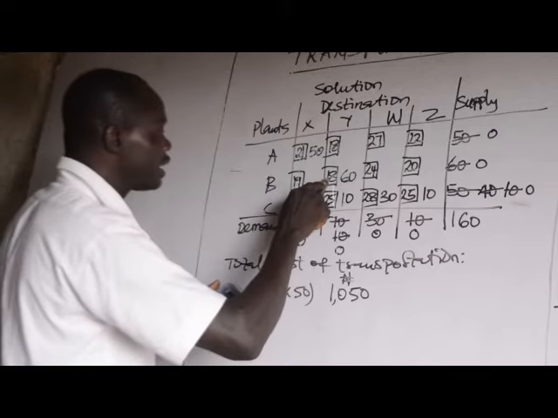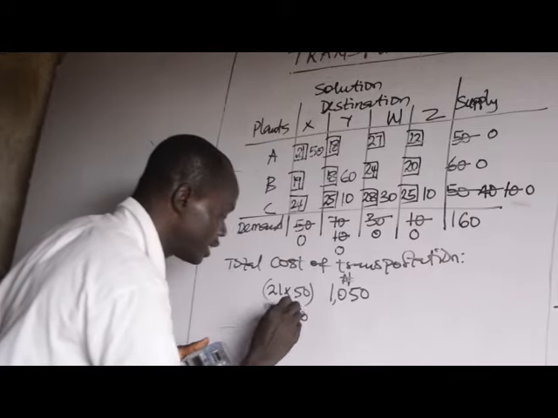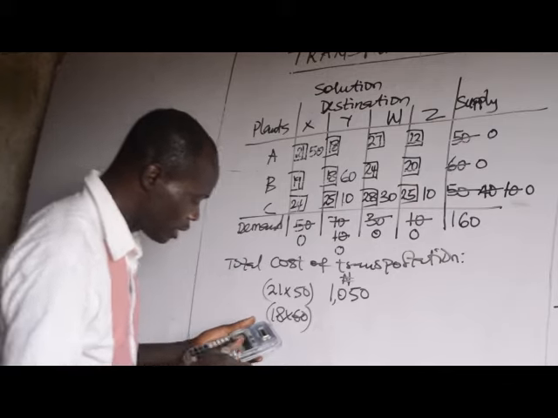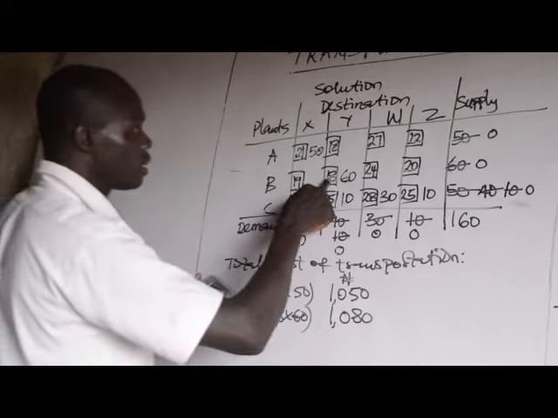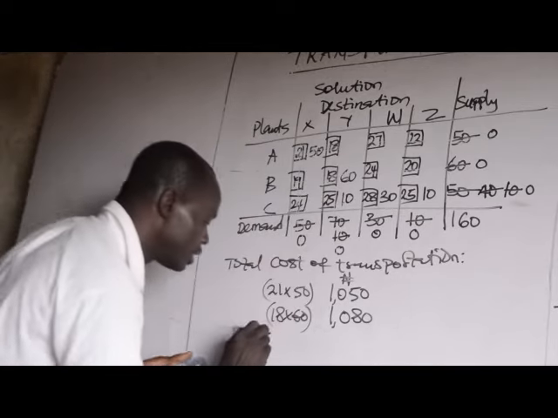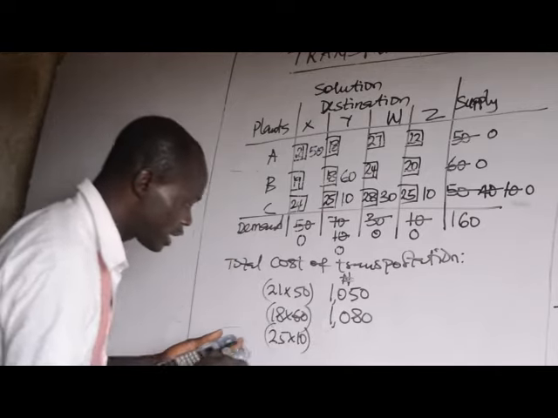Then 18 times 60 gives us 1,080. Then 25 times 10 gives us 250.